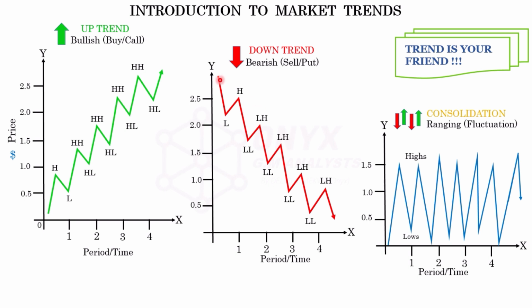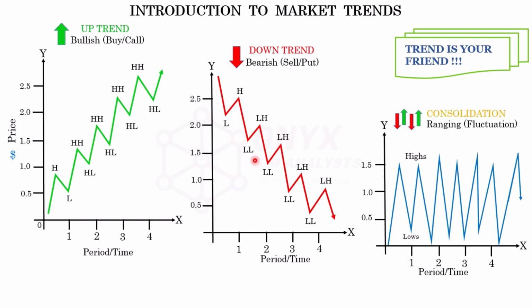Yes. And here in a downtrend, we have a low, a high, a lower low, a lower high, a lower low. When the market gives us a lower high here, we start to realize, oh, we've been having a high and a lower high. We've been having a low and a lower low. Okay, this signals to us that now the market is in a downtrend.